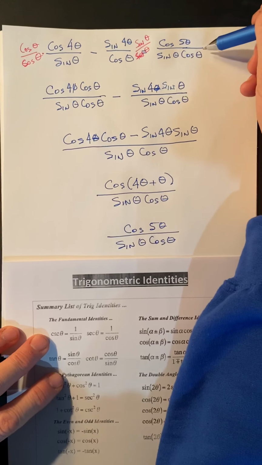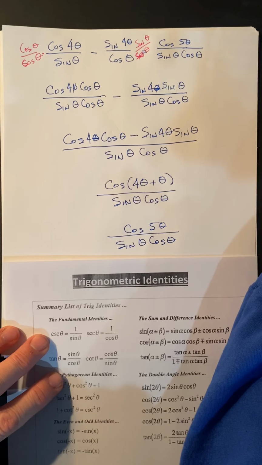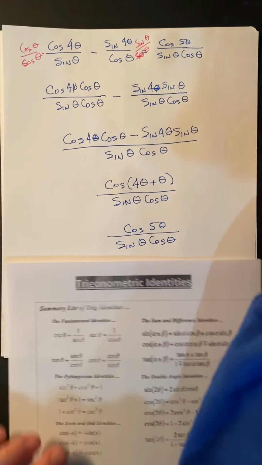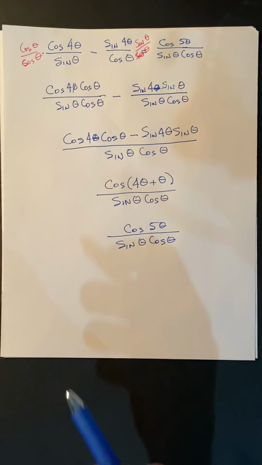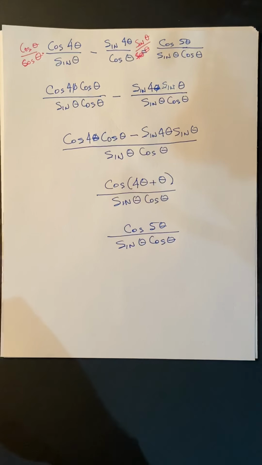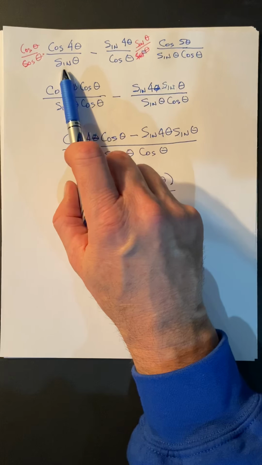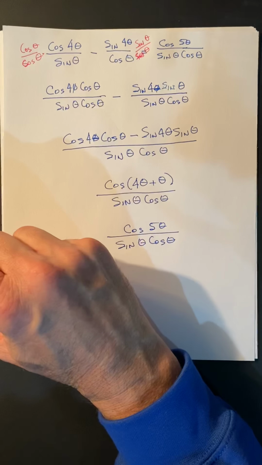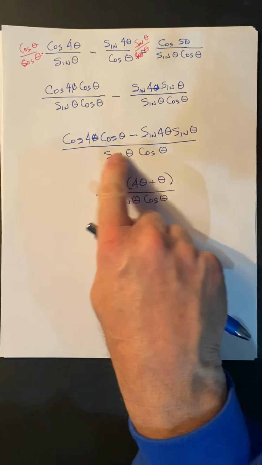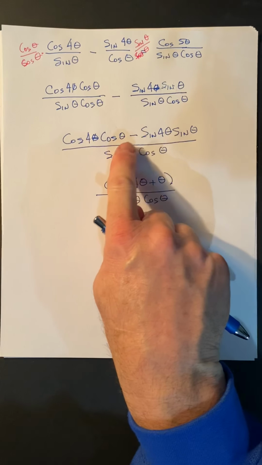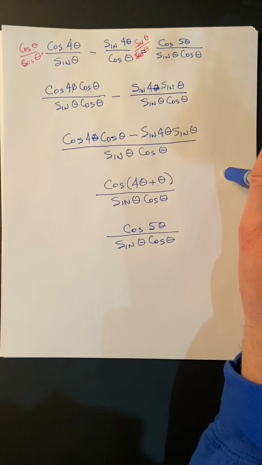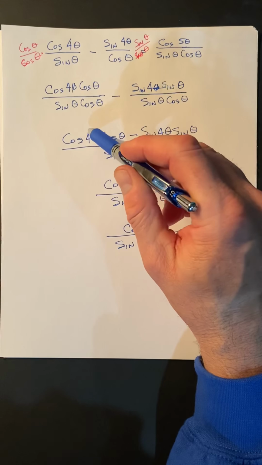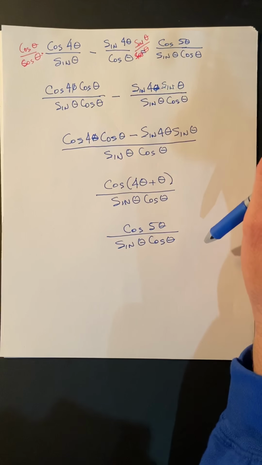And look, that's exactly what we were trying to verify at the top. So again, just like always, taking the more complex side and working on it. All I did here was really find common denominators, pull them together, and then through a little pattern recognition, realize that it was the summation of alpha and beta, which was 4 theta and theta.